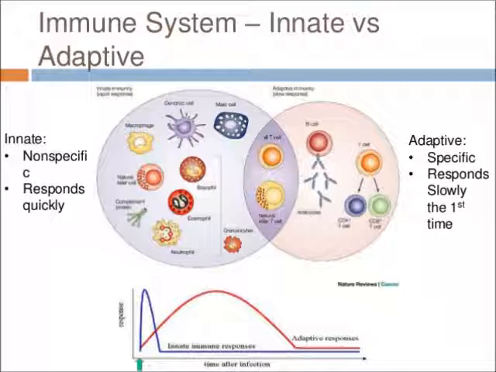It's a little more evolutionarily sophisticated. The antigen is processed and recognized, and once it's been recognized, the adaptive immune system will start clonally producing an army of immune cells that are specifically designed, custom made for that antigen.